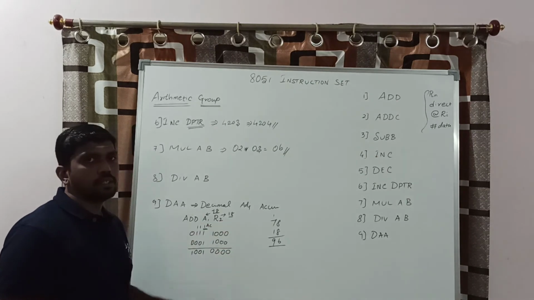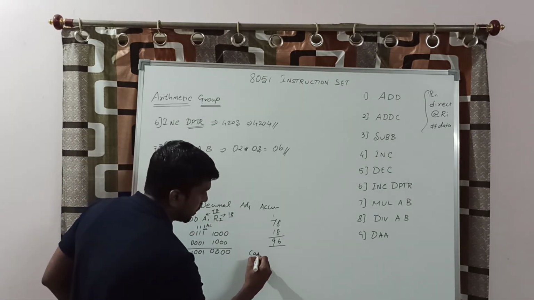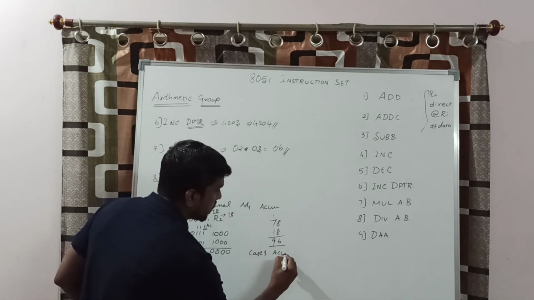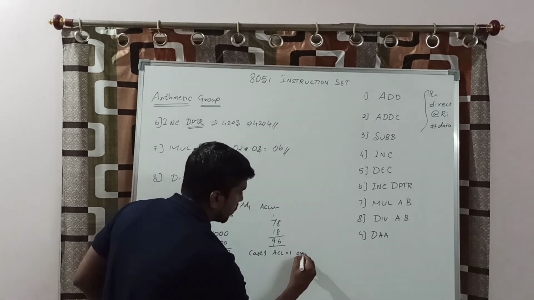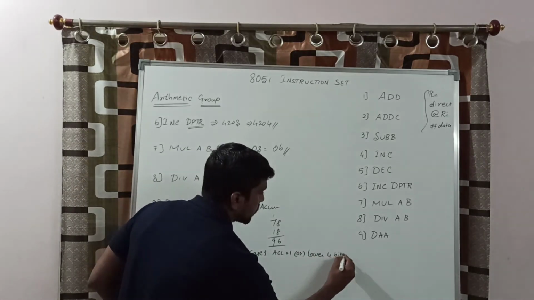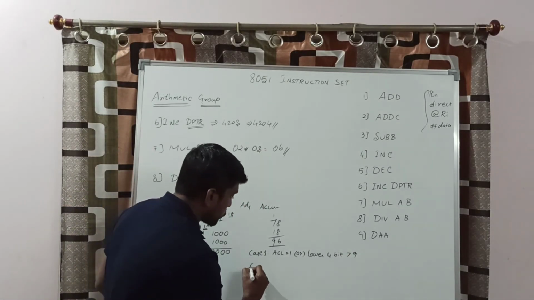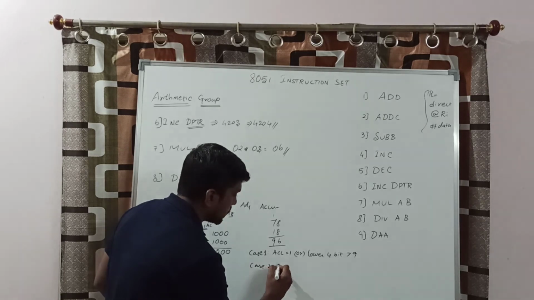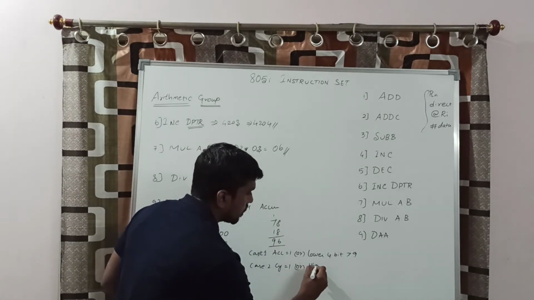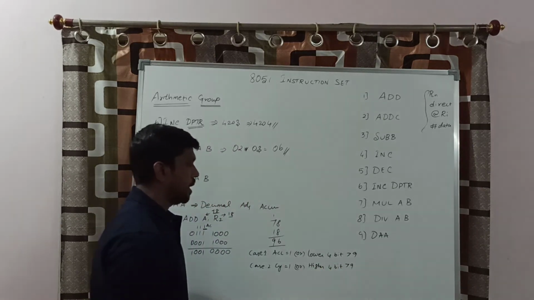You can convert it to a valid BCD number. Here you use two cases. The first case, case 1: auxiliary carry equal to 1 or lower 4 bits greater than 9. Case 2: carry equal to 1 or higher 4 bits greater than 9.